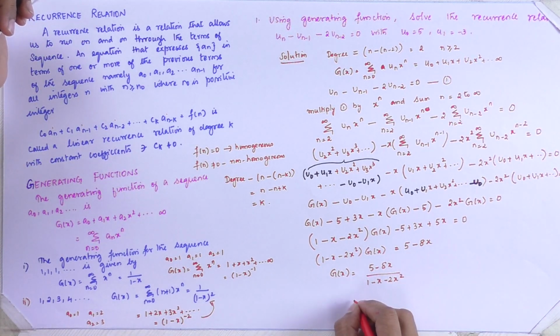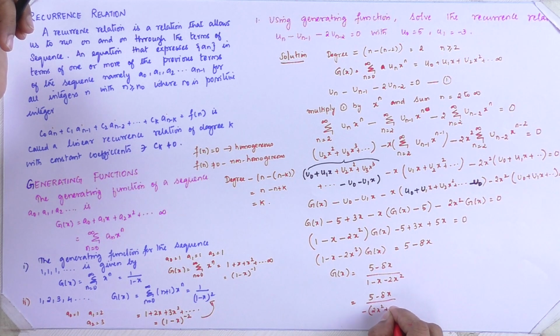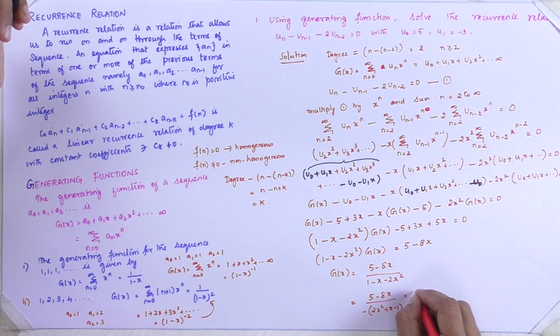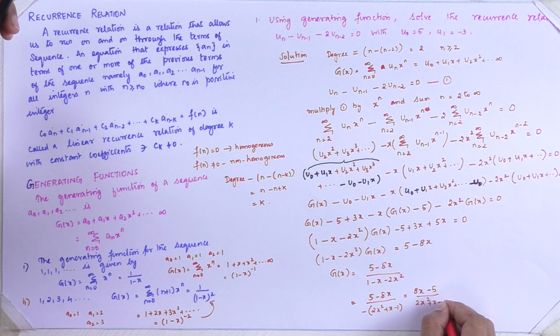So which is equal to 5 minus 8x divided by 1 minus, I will take it outside, 2x square plus x minus 1, that is equal to this minus. If I multiply it with the numerator, I will have 8x minus 5 divided by 2x square plus x minus 1. Now here, if I keep this term as it is, I will not be able to get my un.